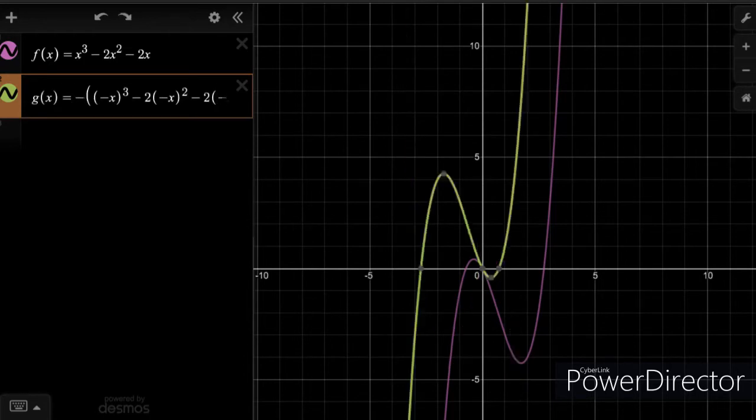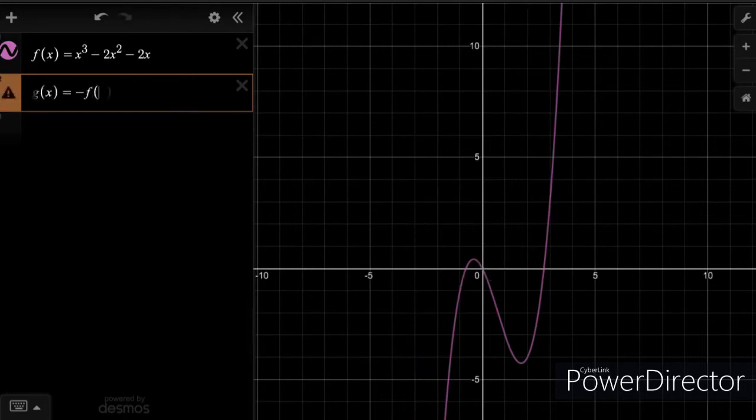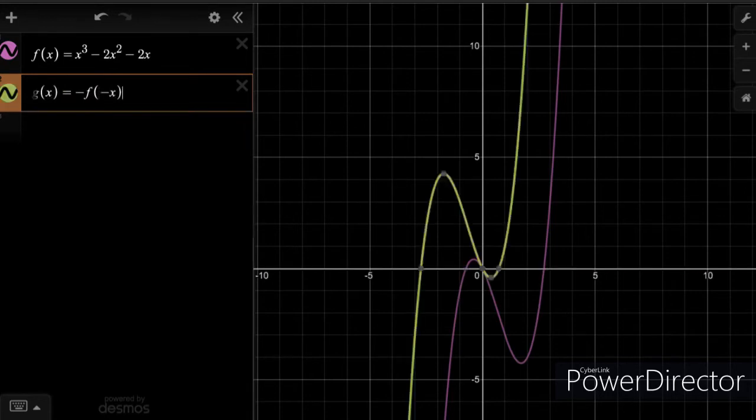This flipped it over both the x and y-axis. You can do them in either order, and you will get to this green curve. Now, an easier way of writing that would have been just the negative of f of negative x, and you would have gotten to that same place. So go to Desmos, play around with it. Really good to build this intuition and really understand why it's happening.